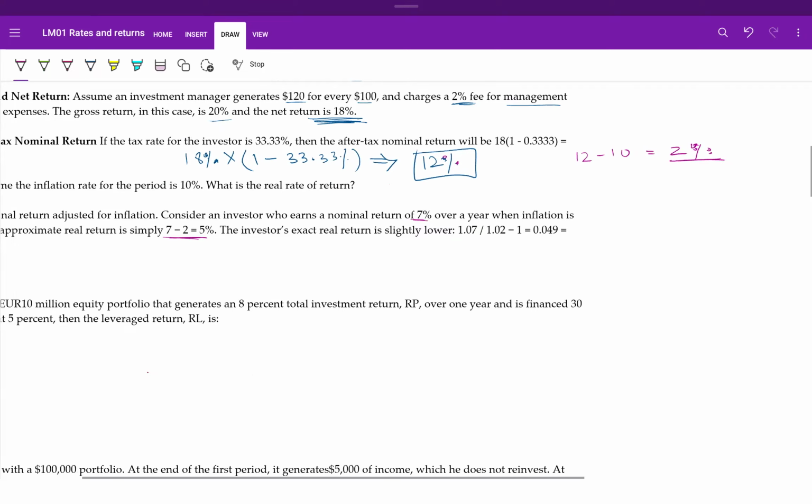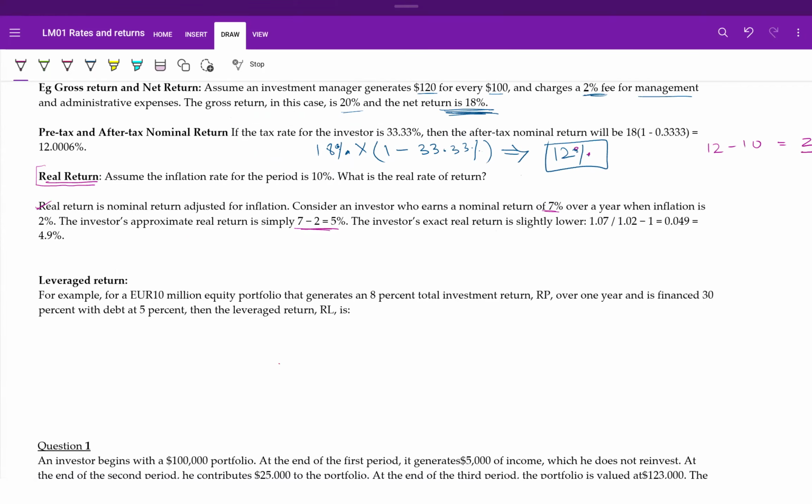But the exact return is slightly different. The formula for exact return is 1 plus nominal rate is 1 plus real return, multiplied by 1 plus inflation.